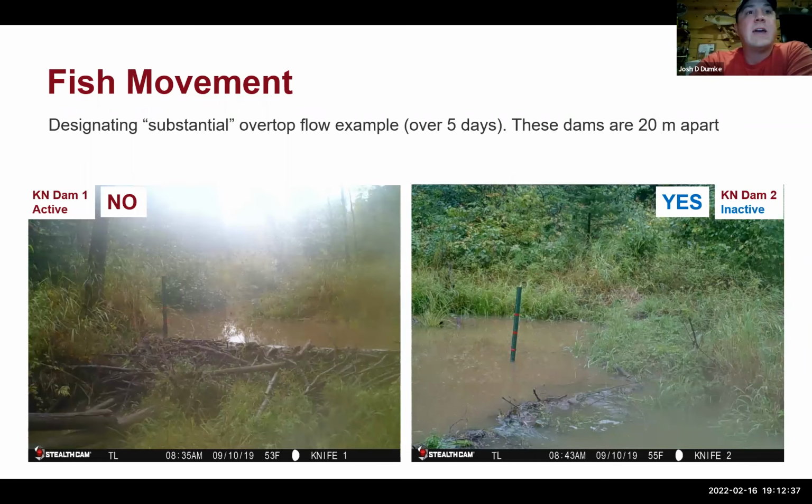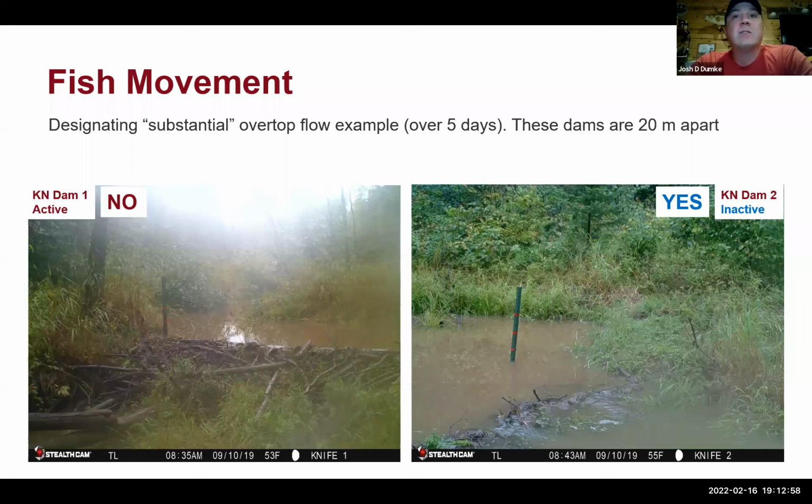So we go 1 day in time. We step forward 1 day. We got rain overnight, and Knife River Dam 1 still doesn't have overtopping flows. In fact, overnight, the beavers spent about 7 hours building that dam up higher and packing it with more grass and more mud so it would hold more water.